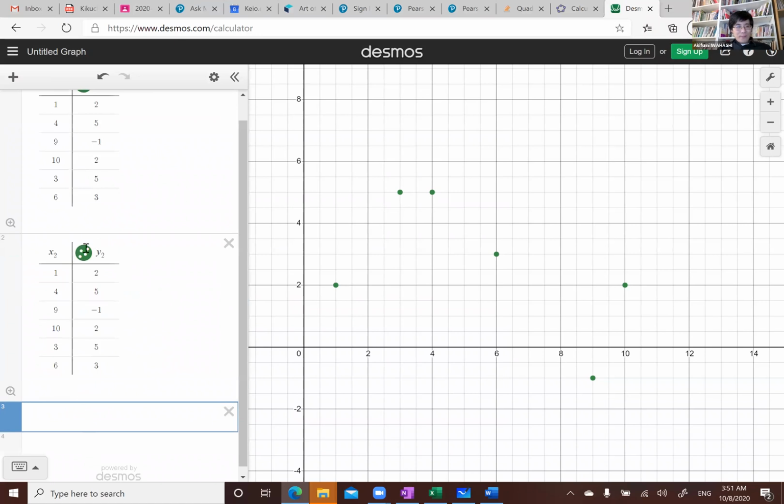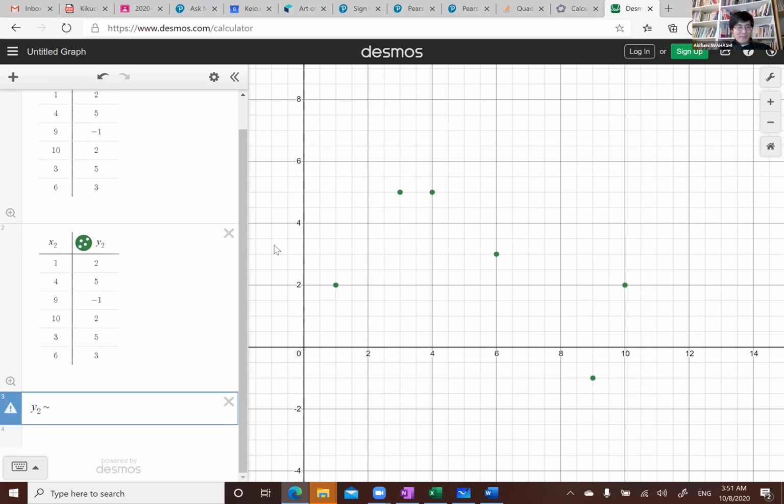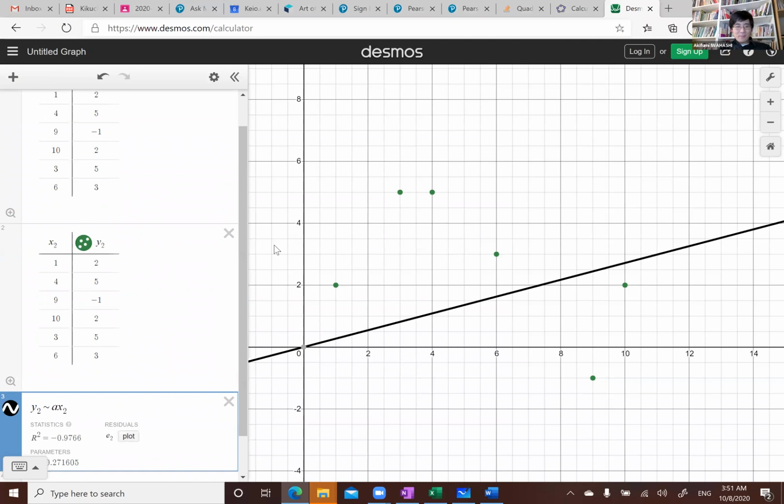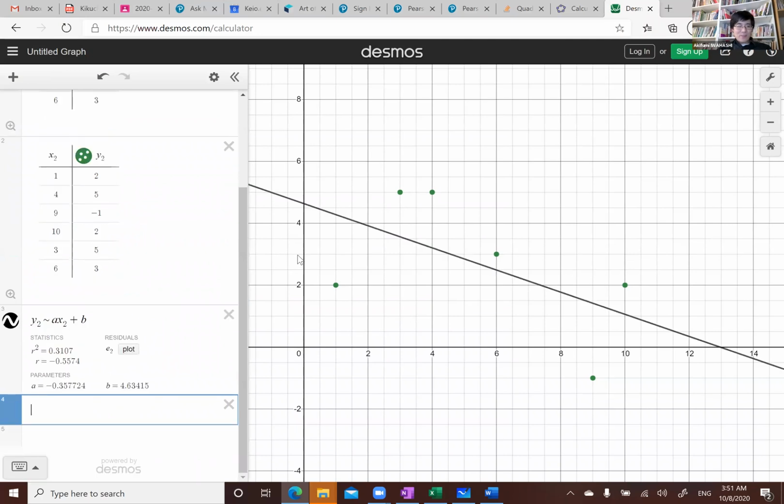Now, to find the line of best fit, you type in y2 is approximated by ax2 plus b. So this is going to give you the line of best fit.